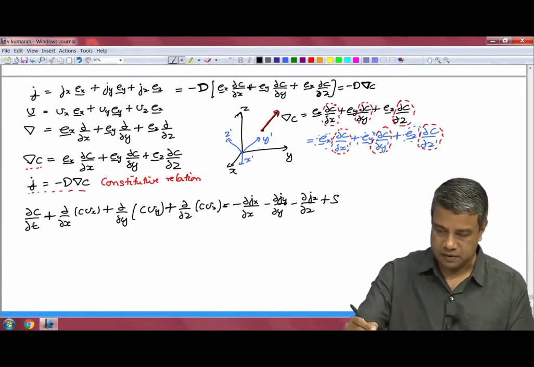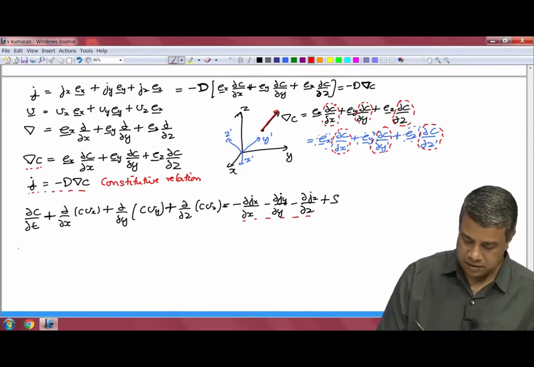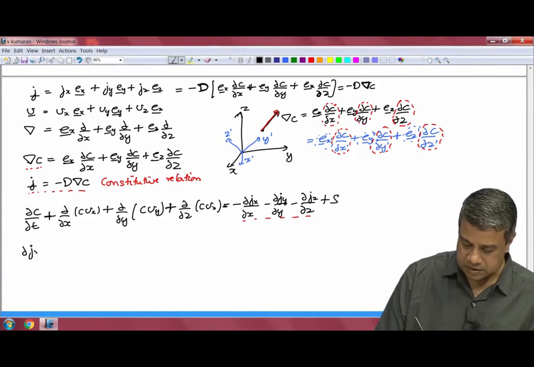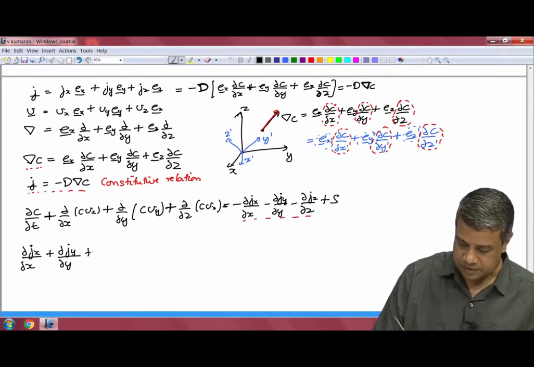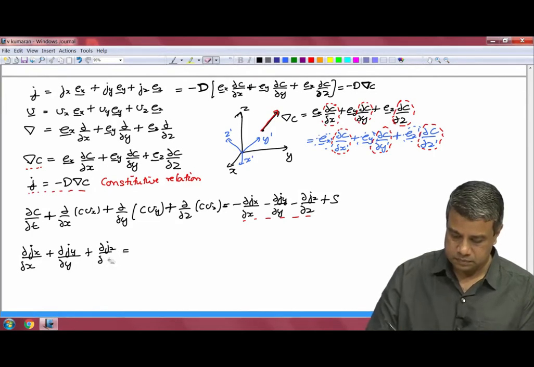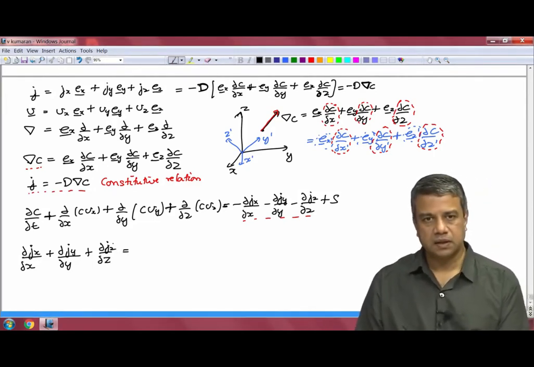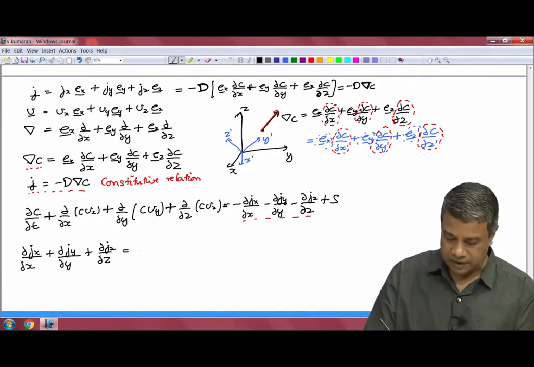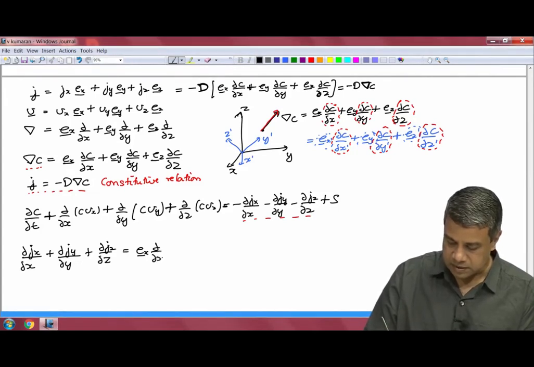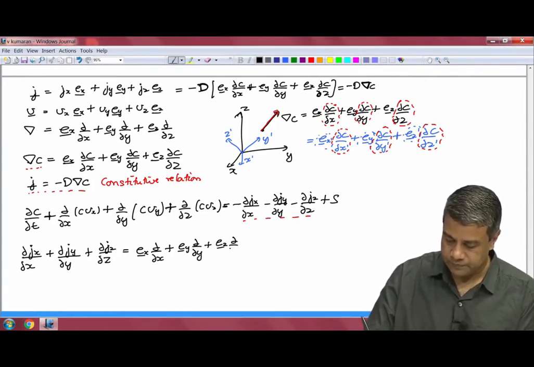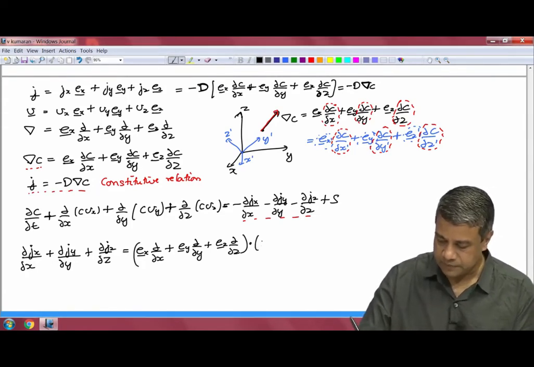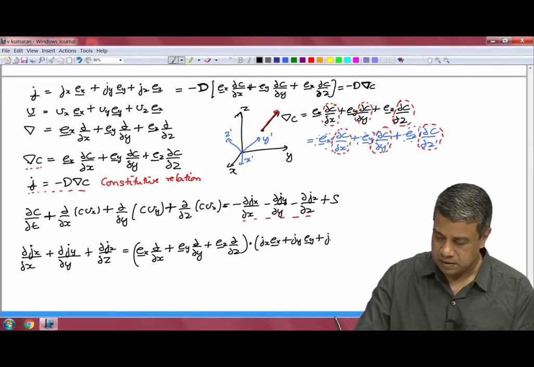Now, this summation over here, partial j x by partial x plus partial j y by partial y plus partial j z by partial z, I can alternatively write as the dot product of two vectors, E x partial by partial x plus E y partial by partial y plus E z partial by partial z, dotted with j x E x plus j y E y plus j z E z.